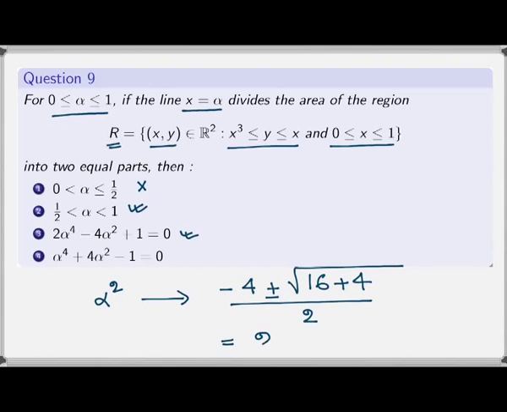That means minus 2 plus minus square root of 5. And as we can clearly see that none of these values agree with the choice of alpha square which we have already got. So therefore the fourth option is not correct.